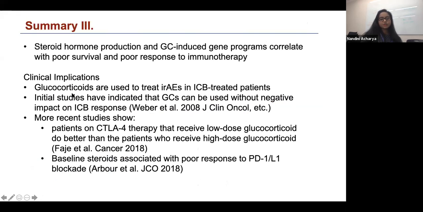Now, the clinical implications of our study would include the following. Glucocorticoids are widely used to treat immune-related adverse events in immune checkpoint therapy patients, and initial studies indicated that glucocorticoids could be used without any negative impact on ICB response.